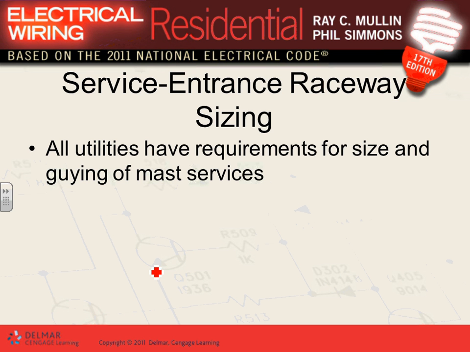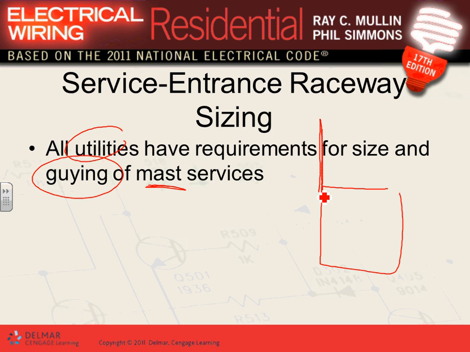Also, guys, there is equipment for sizing and guying of mast services. The utilities also have their own requirements for the mast and guying the mast. Here's my building, and here's my pipe sitting in here, and here's my power line coming in, tying it all the way here.